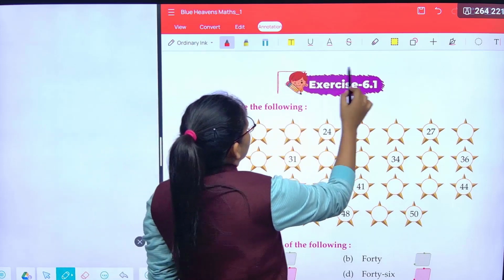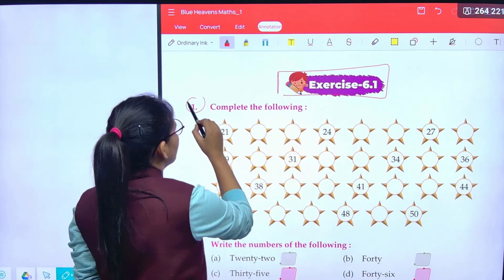Now class, come on, exercise 6.1. Question number 1, complete the following.